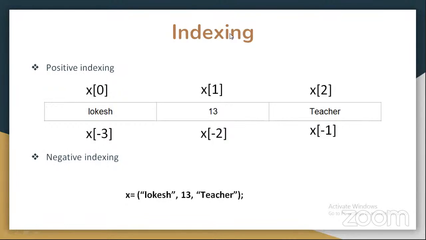Why have I shown positive and negative indexing? By using loops, we can access data in negative indexing. What is negative indexing?